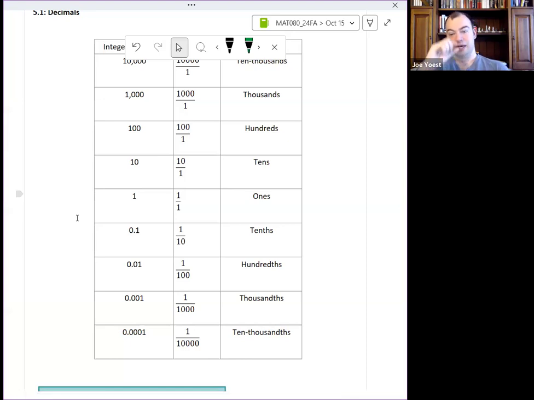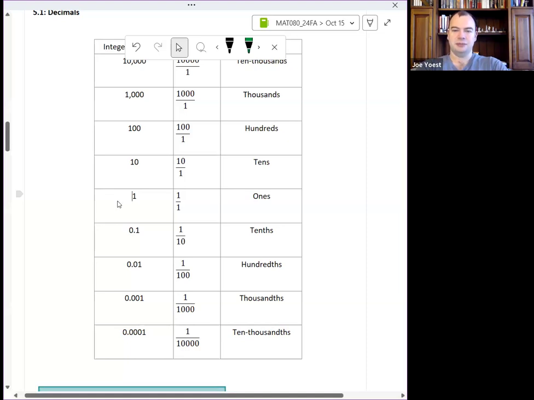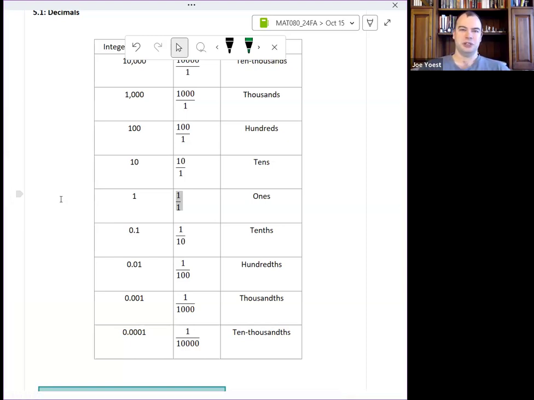If I want to keep going, I actually can. We might think, well, where do I go after I have 1? Because I don't have any zeros left in the numerator to lose. Well, instead of losing zeros in the numerator, we start appending zeros in the denominator.